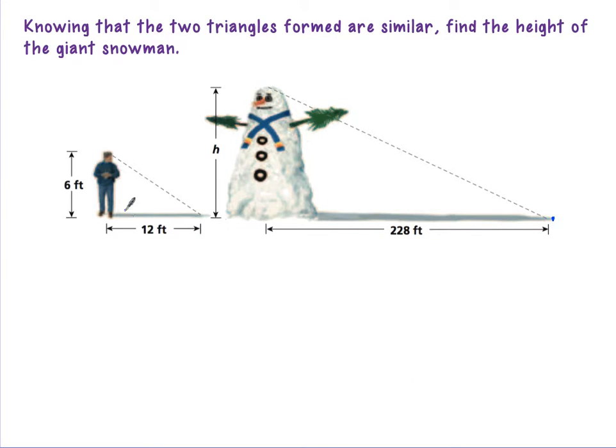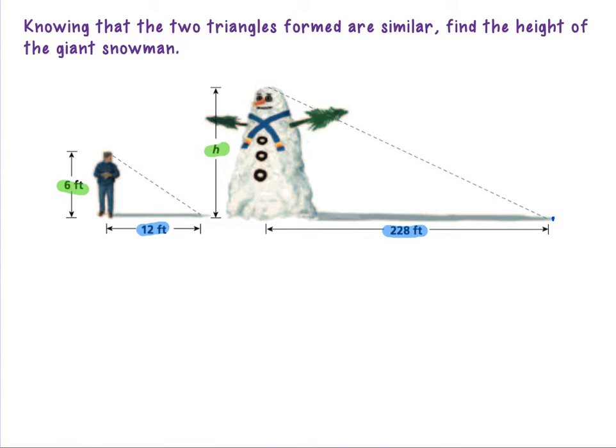So if we do that and we get all these measurements, we know he's 6 foot and his shadow is 12 foot, and we know that the snowman's shadow is 228 feet, and we know that these triangles are similar, we can look for corresponding sides. So we have the 6 feet and the h, because those are both the height. And then we also have 12 feet, which is the shadow, and 228 feet, which is the shadow.